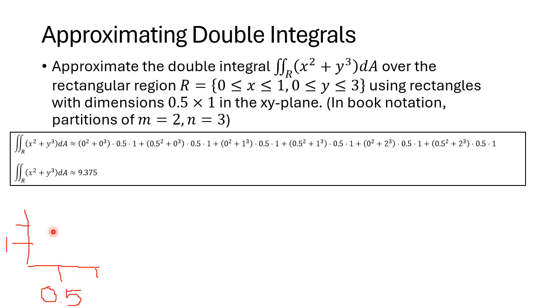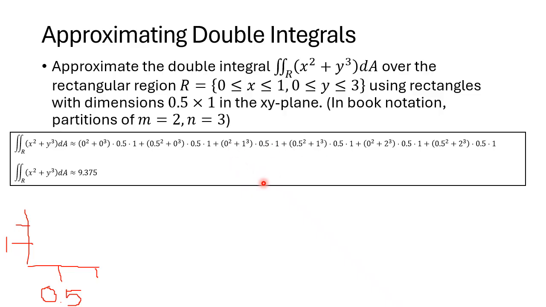And so our first box is right here, then our next box is right here. So that is from 0.5 to 1 on x and from 0 to 1 on y. And then we move up to this box right here, which is from y equals 1 to y equals 2 and x equals 0.5 to x equals 1. And we keep going like this.